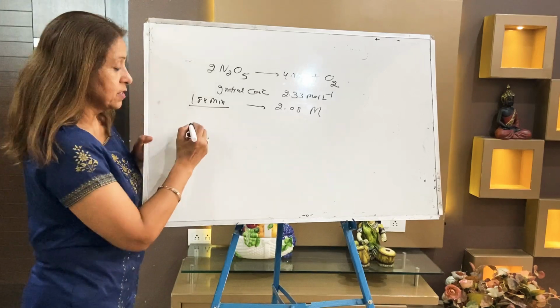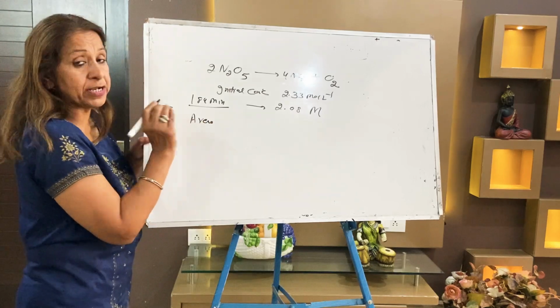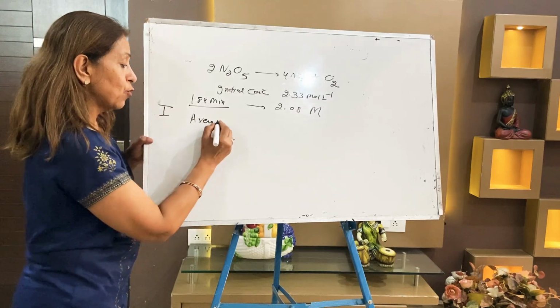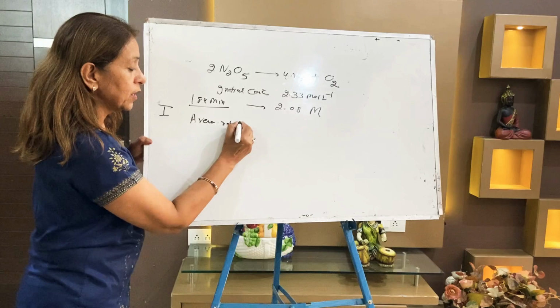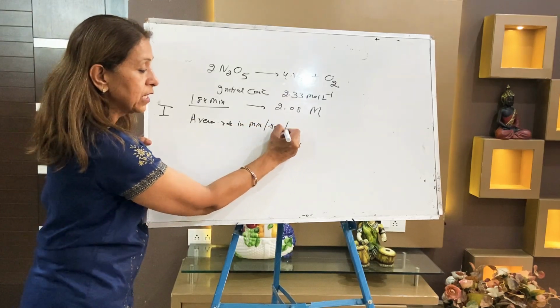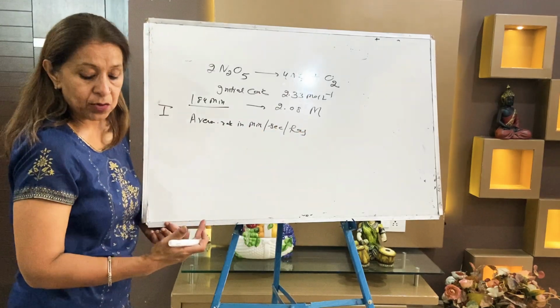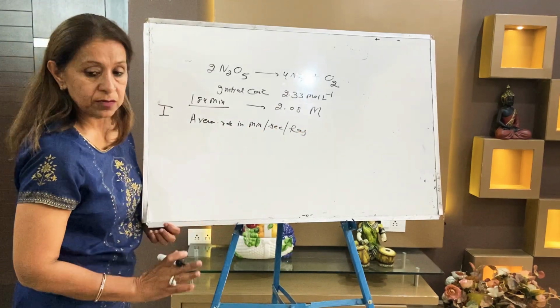The question is to calculate average rate in minutes, in seconds, even in hours. After that, we will take the second part. Now I am taking the first part only.